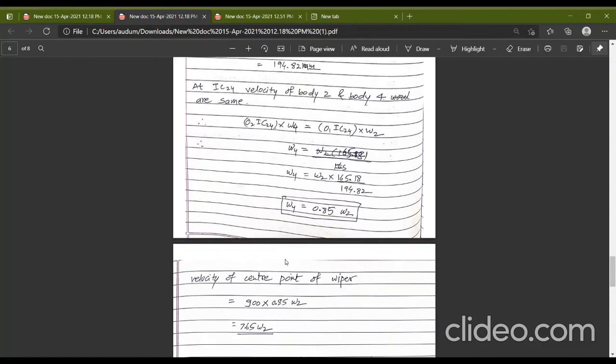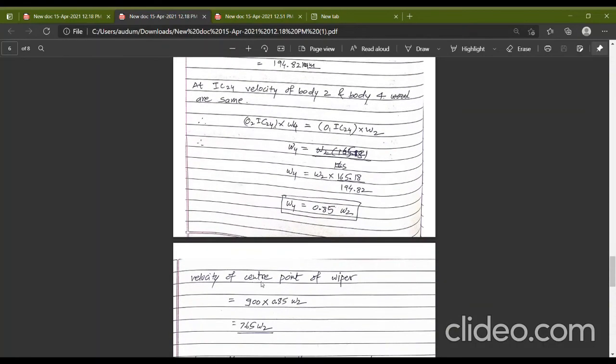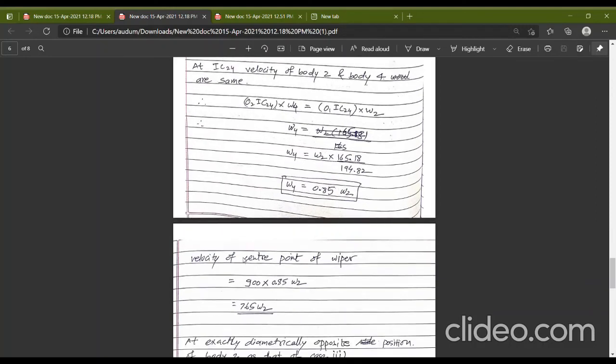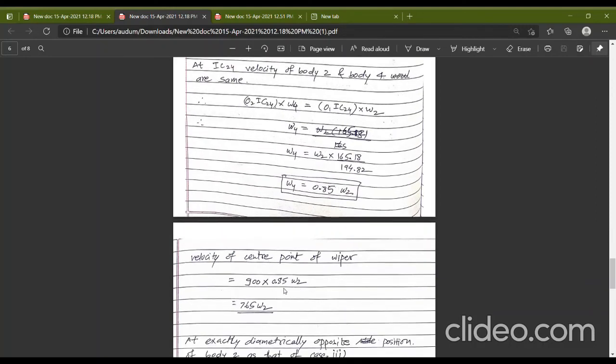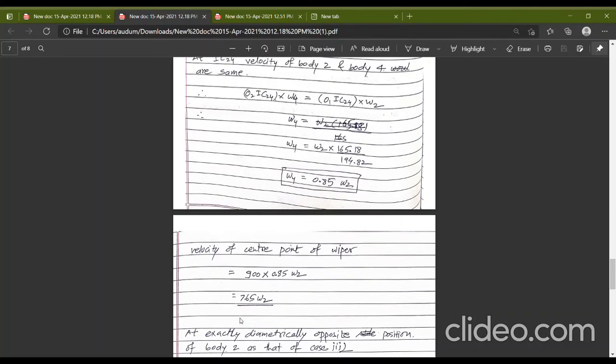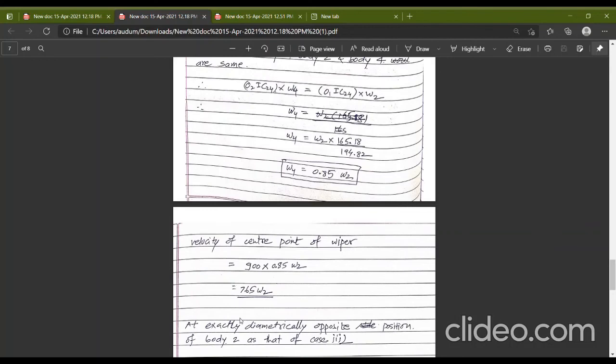Now the velocity of the center point of the wiper. The distance between the center point of the wiper and O2 is 900 millimeters, multiplied by the omega of body 4, which is 0.85 times omega 2. Hence we get that the velocity of the center point of the wiper will be 765 times omega 2.